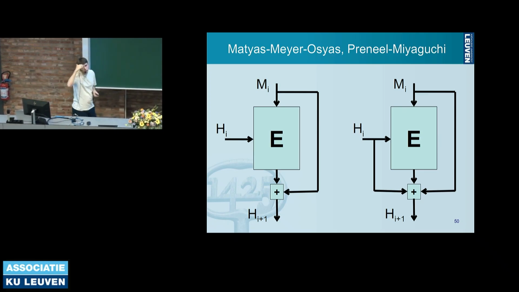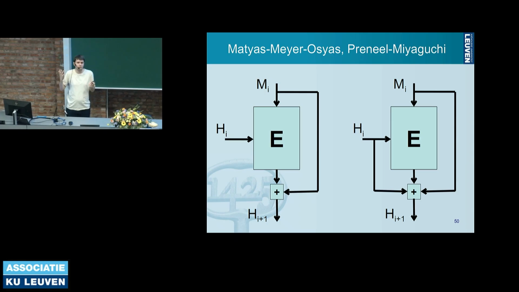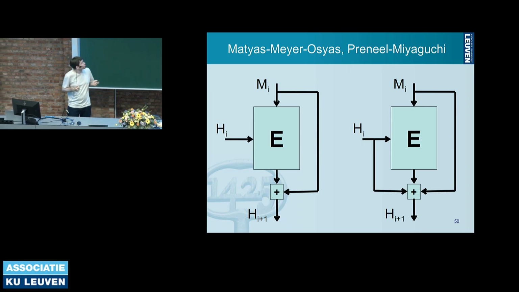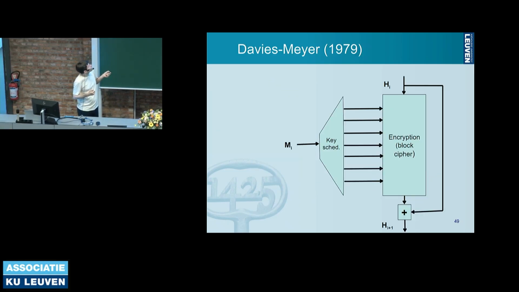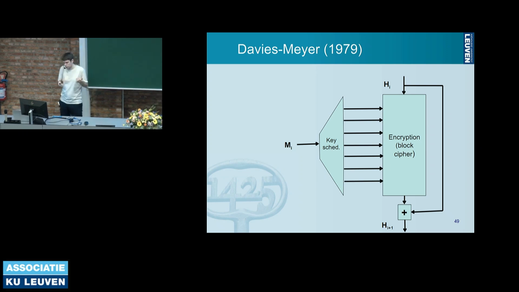I have to say though that usually if you take an existing block cipher and just directly put it in this kind of construction, it's not going to be secure. Because if you think, for example, about this construction, here now the attacker controls the message. Usually that's the key, so the key is not controlled by the adversary. So it's a very different setting for your security analysis.